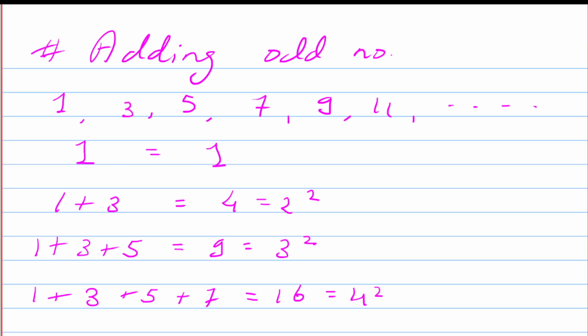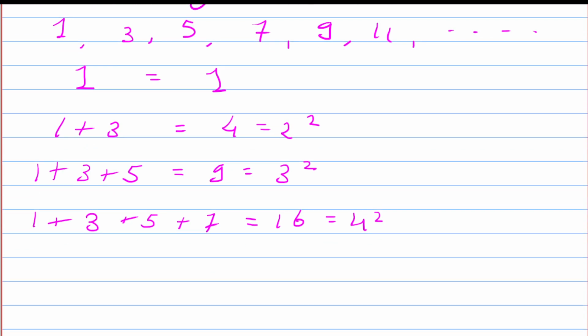And as you go ahead, you will notice that this pattern is telling us something. What is it telling us? 1 is technically 1 square. So if there is only one odd number, the first odd number, you will get 1 square, and you have to follow a sequence. The sequence starts at 1.